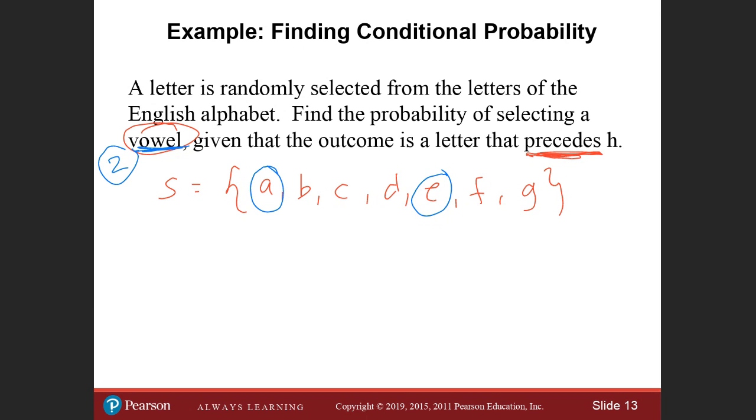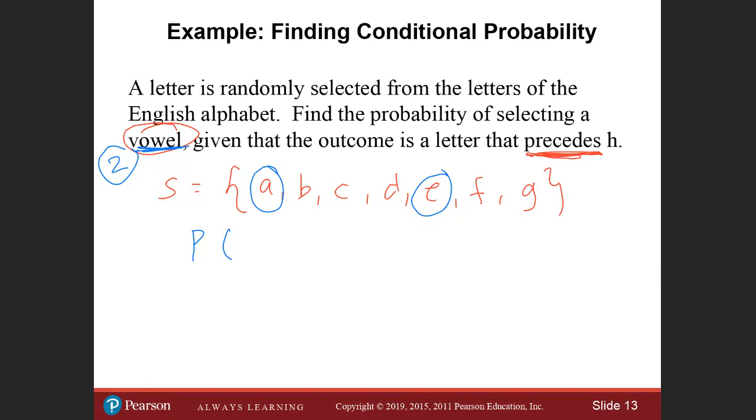The question asks, find the probability of selecting a vowel given the outcome is a letter that precedes H. So what you're doing here is you're going to actually find the probability with that condition.